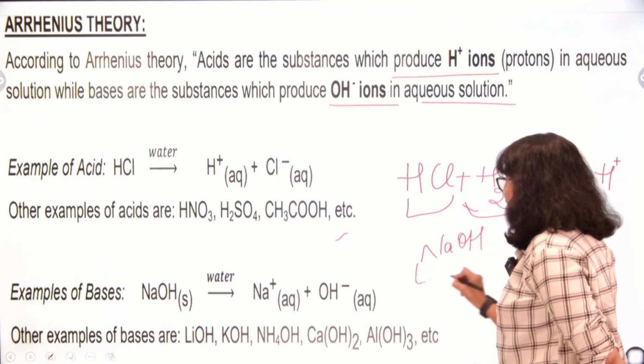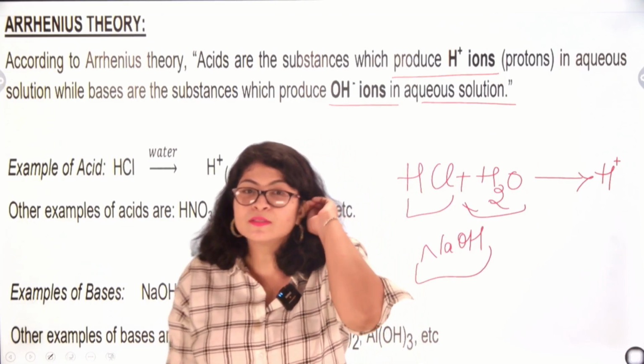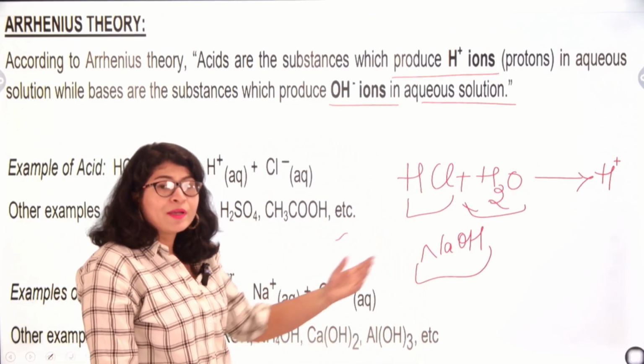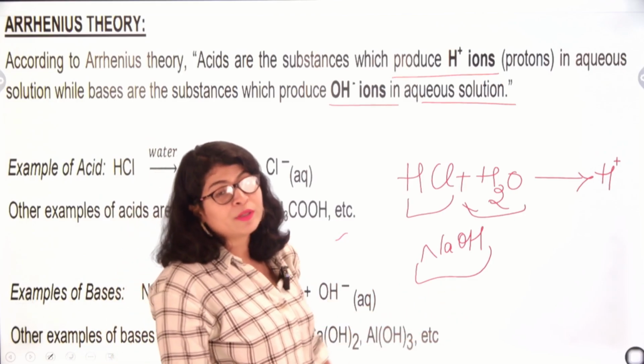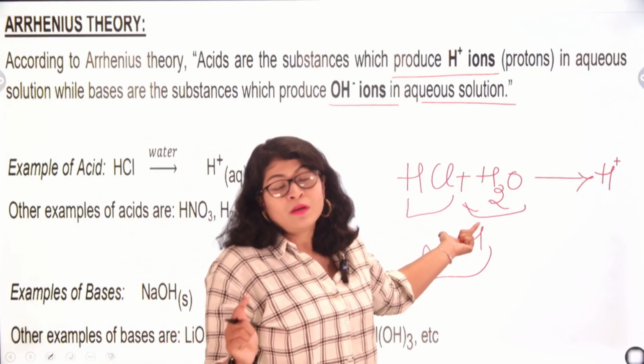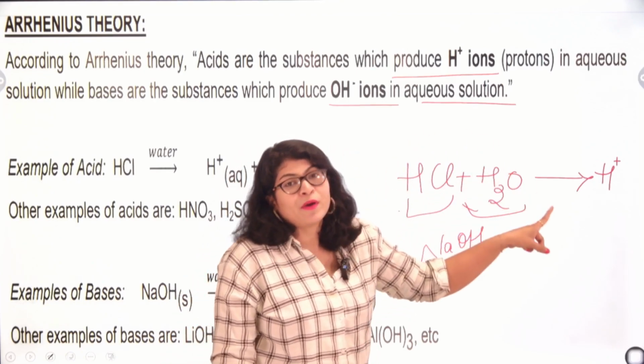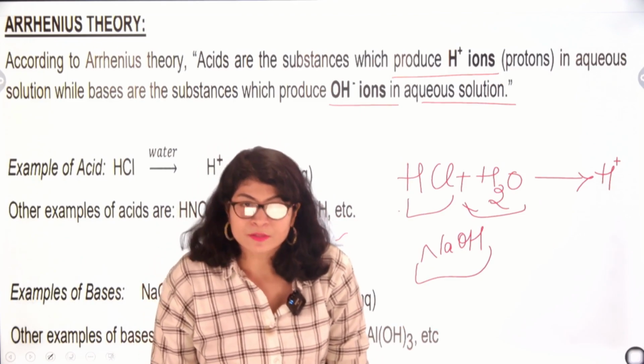So simply by looking at the structure only, you can say it has the possibility to liberate OH- in solution. Therefore, I can safely classify NaOH into the category of bases, and HCl, as it has the possibility of liberation of H+ ions, I can classify it under the category of acids, right?